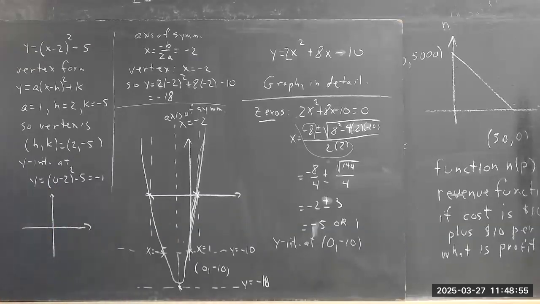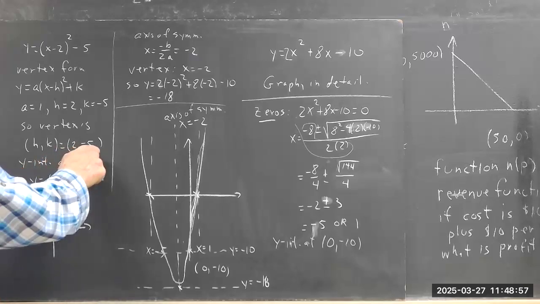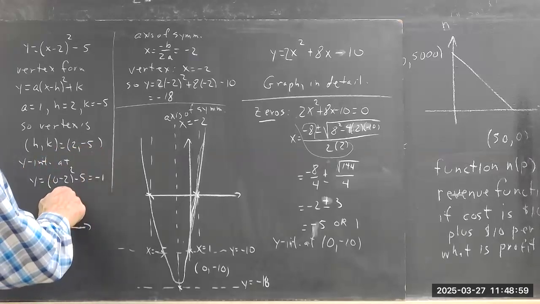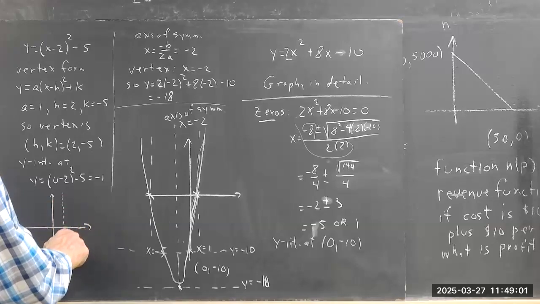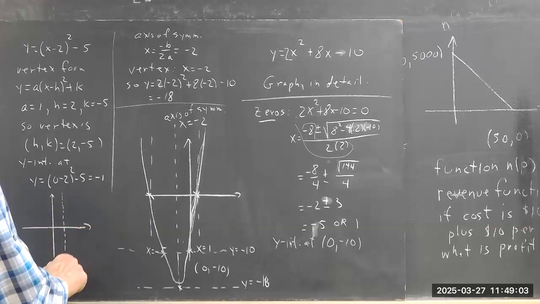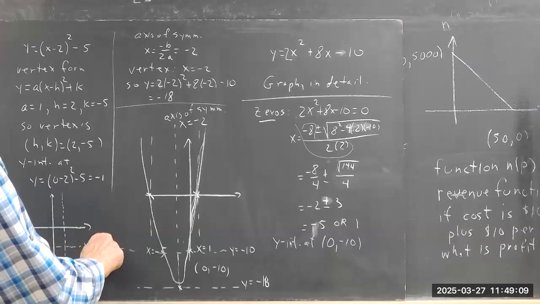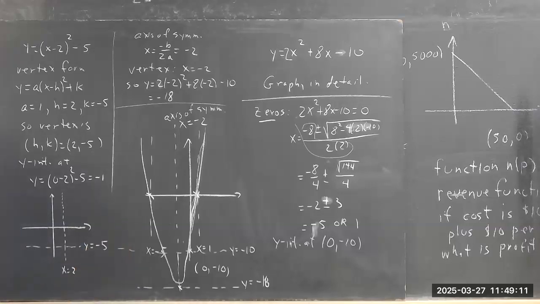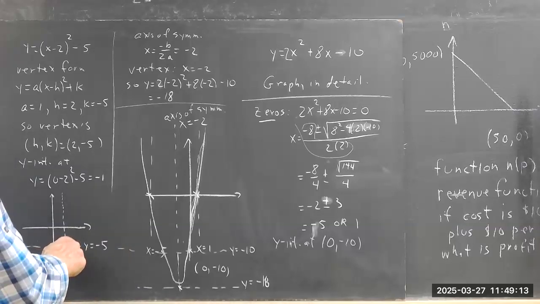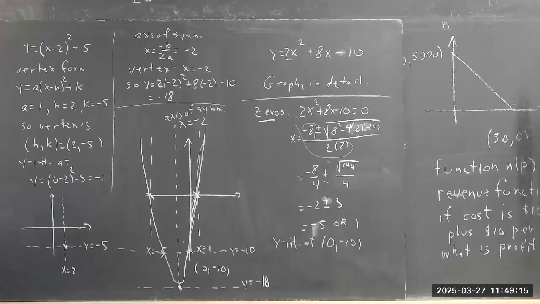So what do we have? We have the vertex at (2, -5). There's x equals 2. Here's y equals -5. Here's the vertex.